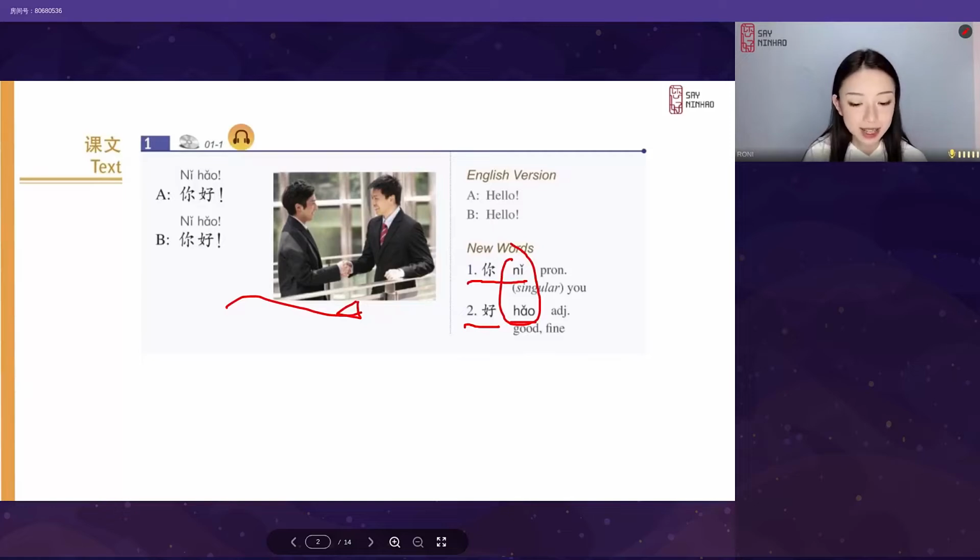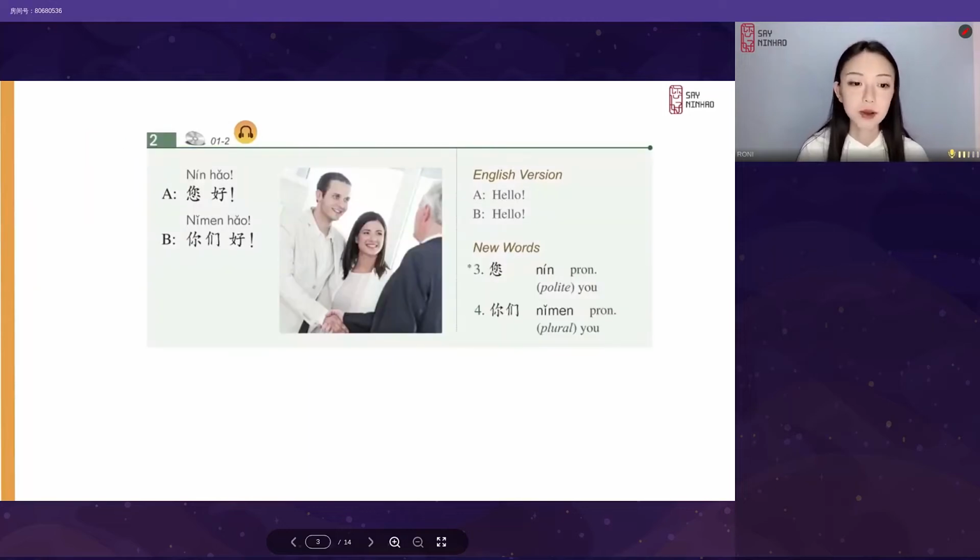They are greeting each other, 你好, right? So this time, try to read after me, okay? 3, 2, 1. 你好, 你好. This is the most common way to greet each other in China. 你好. Okay, let's try to learn another way to greet people.